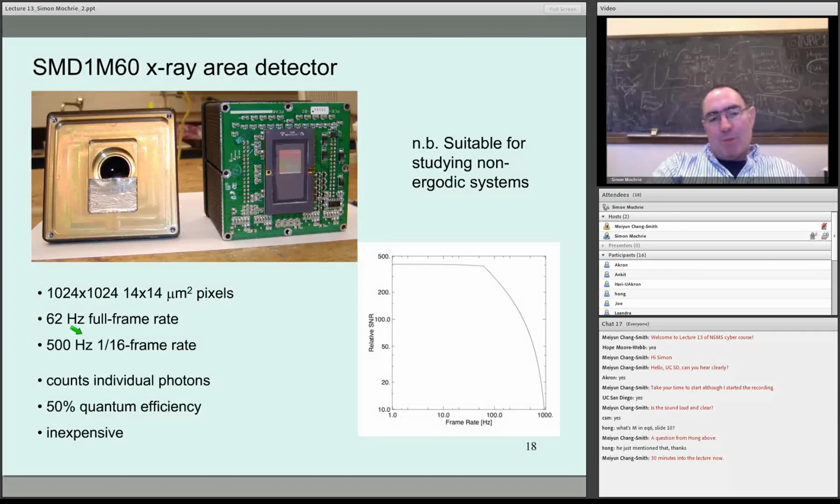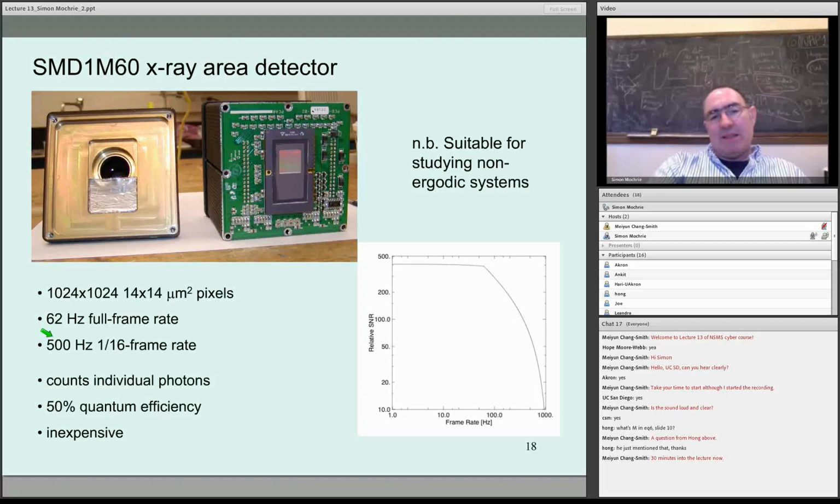So for example, you can read out a 1/16th frame, so that's 1,000,000 divided by 16 pixels, whatever that is, 60,000, 64,000 pixels at 500 hertz. And so if you indeed have a strongly scattering sample, this detector allows you to go to 2 millisecond time resolution, let's say.